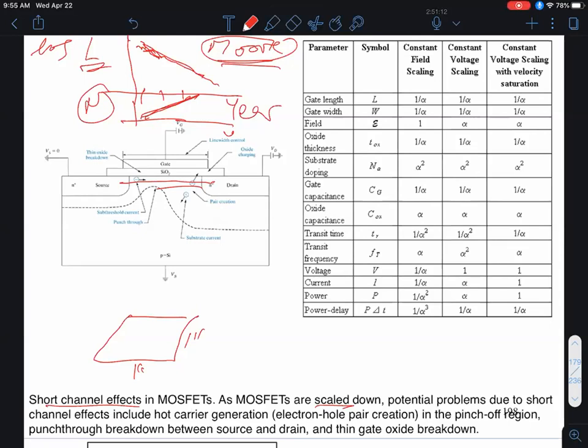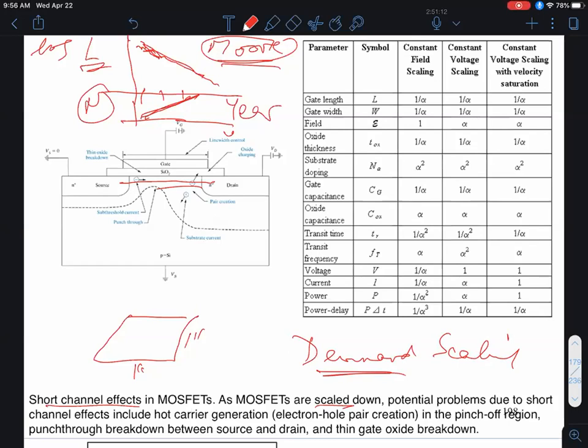Now, people doing this business of scaling down the transistors are guided by a principle known as the Dennard scaling laws. Dennard was an electrical engineer, a very famous guy at IBM Yorktown. He's actually a Texan.